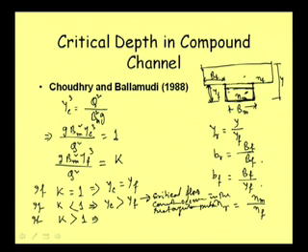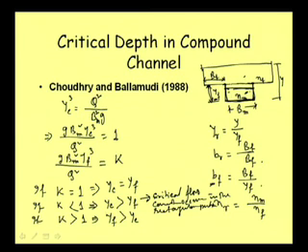So, k greater than 1 will indicate yf is greater than yc. Now, if our flat plane depth yf is greater than critical depth, that means the critical depth, or critical flow, will occur within the rectangular channel.